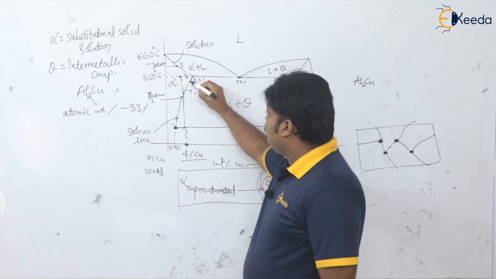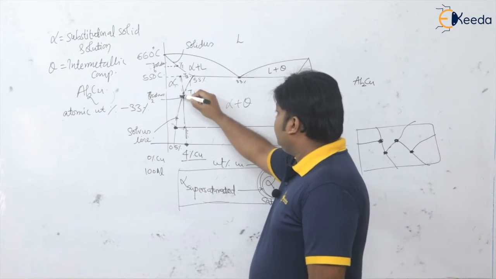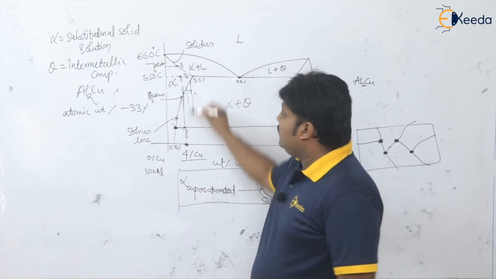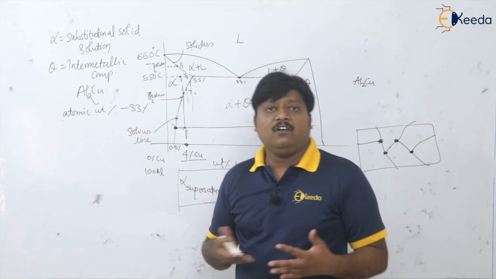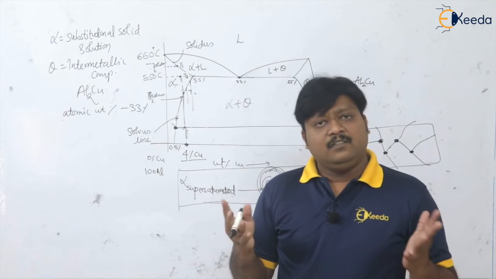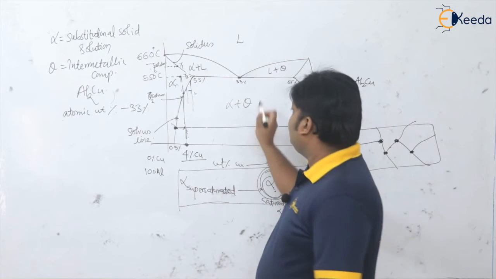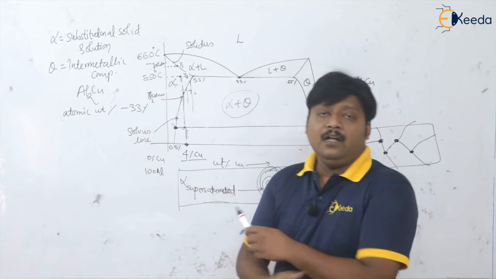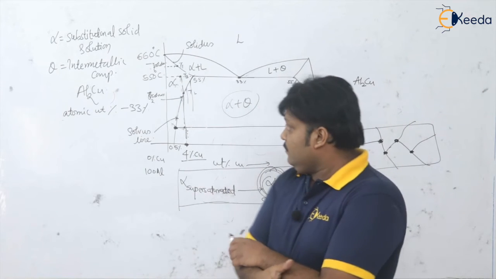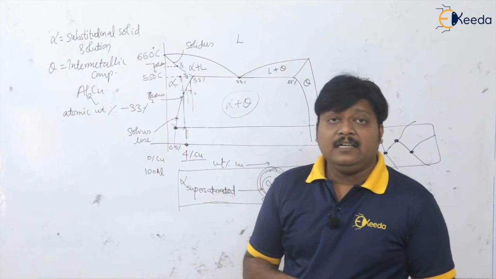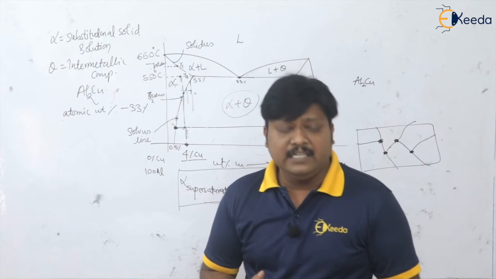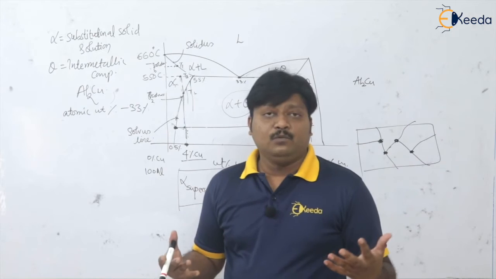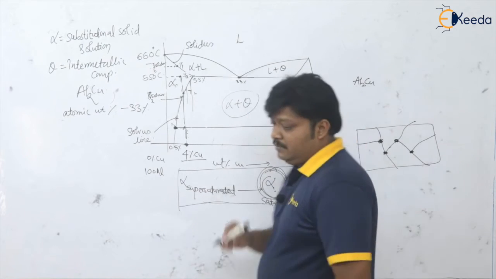Whether you cooled it fast or slowly, the result is the same, that you are going to get alpha plus theta. But to understand why we are quenching that alloy and not slowly cooling it, let us see the next.